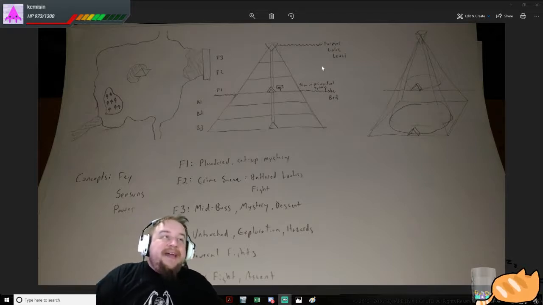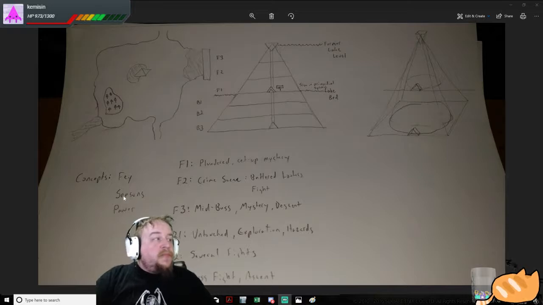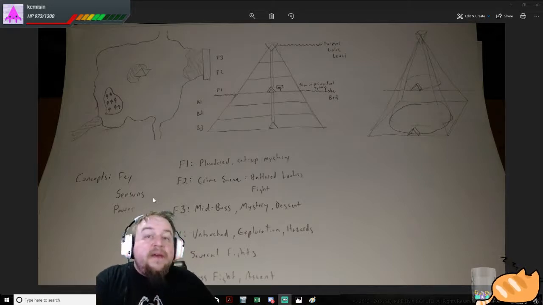And instead of the elements, maybe it features the seasons instead. Not that Fey don't interact with elements. Elements are done quite often, though seasons would be very interesting, and it could lead to a lot of exploration and a lot of opportunity for you as the DM to describe things a little bit more vividly, with maybe less intrinsic lethality. But if you want to replace seasons with elements, you can do that as well.